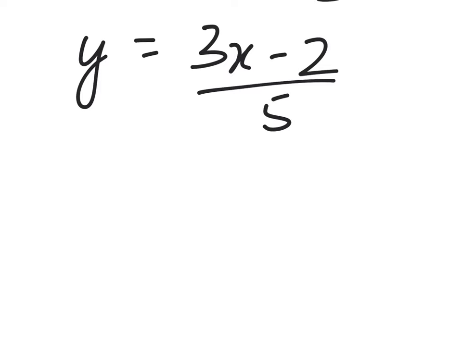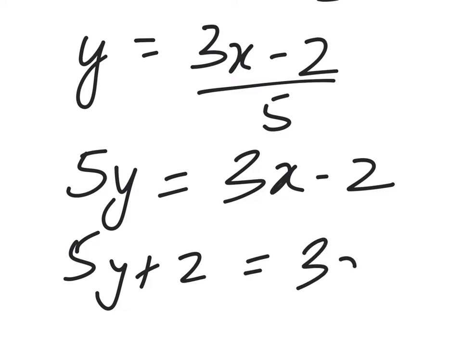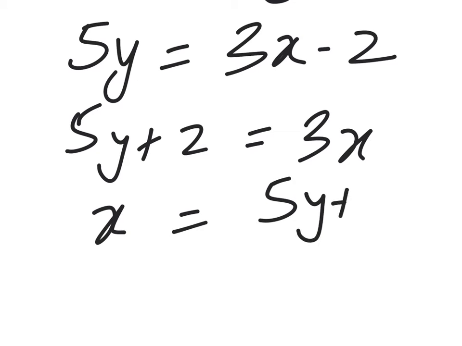Okay? So I'm going to get 5y equals 3x minus 2. Move the 2 across: 5y plus 2 equals 3x. And then you divide by the 3. So x equals (5y plus 2) over 3.